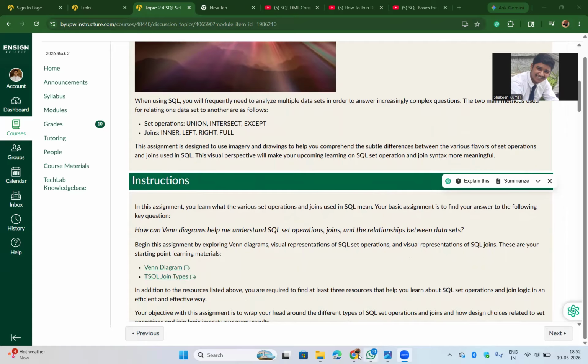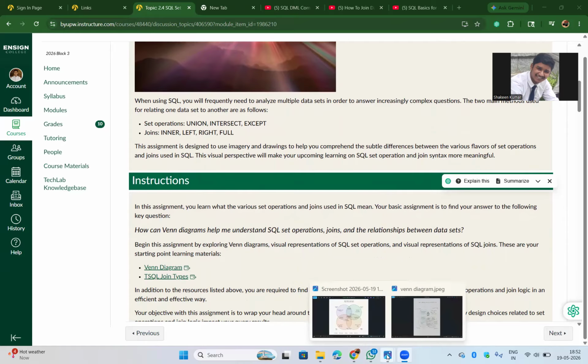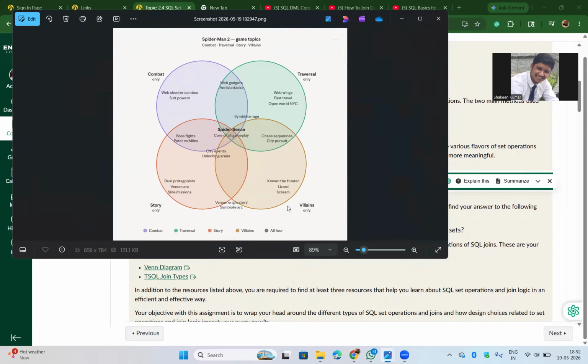First I will share my diagrams. This is the Venn diagram that I found online. It is a Spider-Man 2 game topic Venn diagram. It has four different sets: one is combat, one is traversal, one is story, and one is villains.